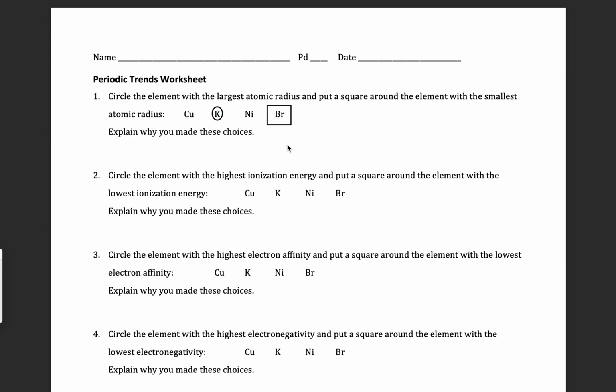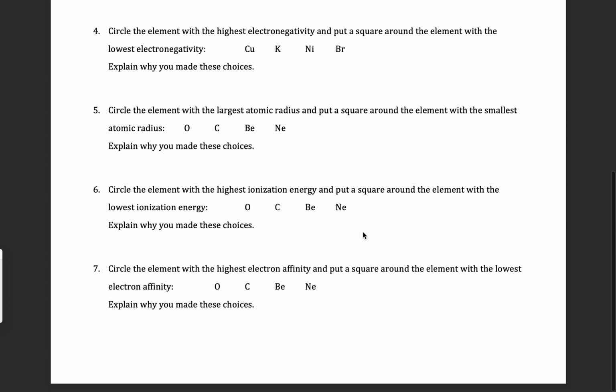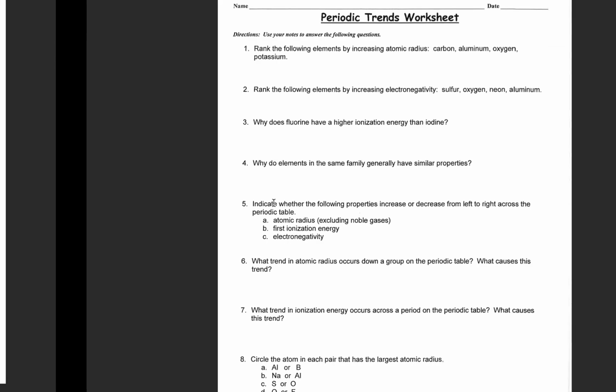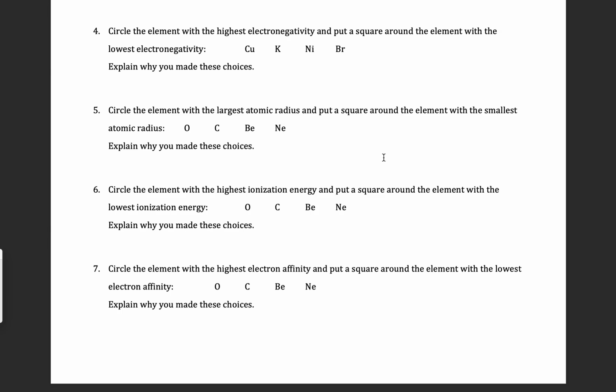Okay, so that would be the answer to number 1, and you could continue on through the worksheet. For example, circle the element with the highest ionization energy and put a square around the element with the lowest ionization energy. So ionization energy gets larger as it goes left to right and larger as it goes bottom to top. So you could say the highest and the farthest right will win.